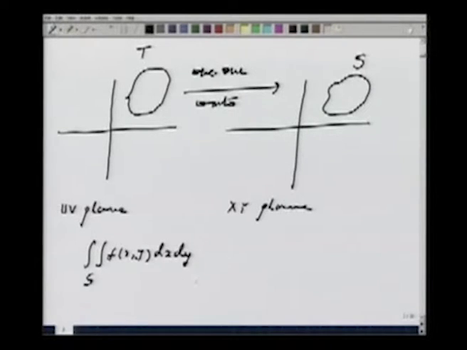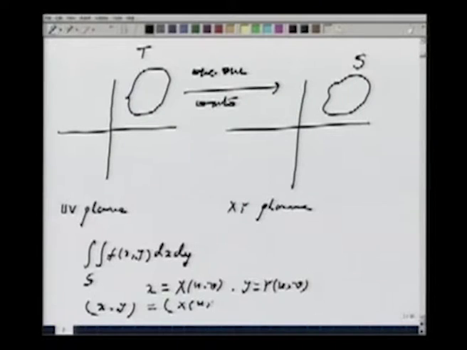Then I can say that little x is given by a function capital X of two variables u and v, and little y is a function of two variables given by capital Y, and the variables are u and v. So I can say that (x, y) is (X(u,v), Y(u,v)). This would be very clear when I look at examples.